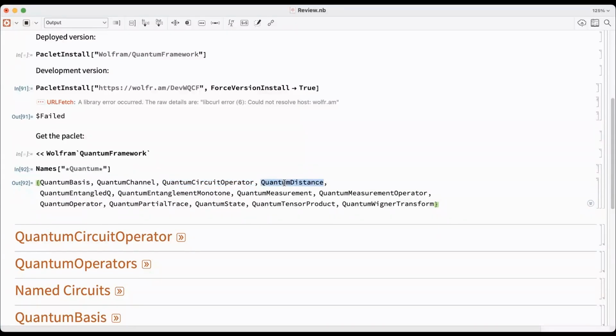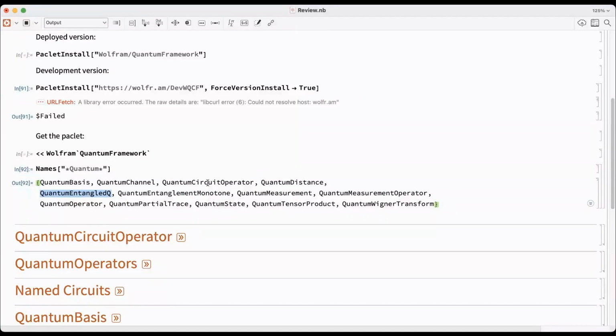For example, when we discuss quantum distance, this is basically a function to quantify the measure between two quantum states. Quantum entanglement monotones measure the entanglement between two quantum states, and quantum entanglement asks if a quantum state is entangled or separable.